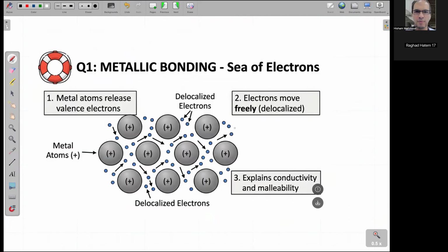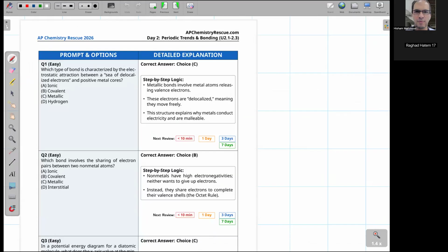They explain why the metal conducts electricity, why it is malleable, and why it has the metallic lattice or the metallic look. So all the properties of metals are explained by their metallic bond character. So the first answer is choice C.